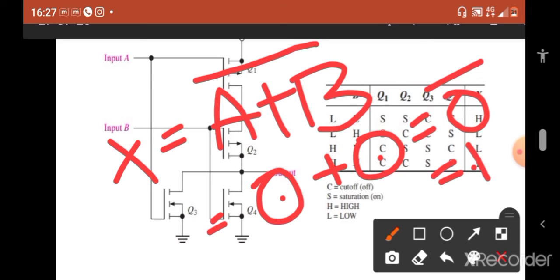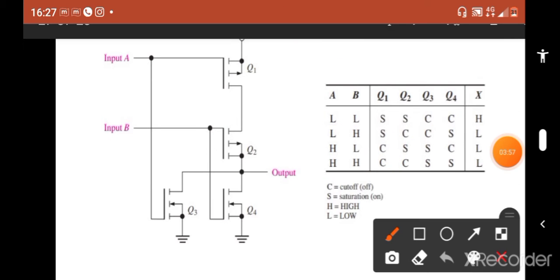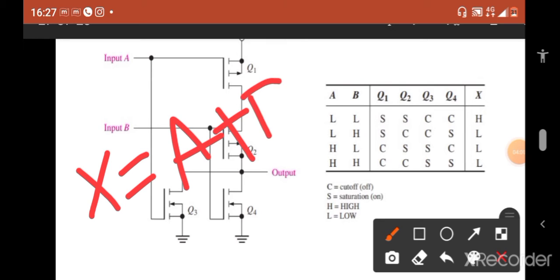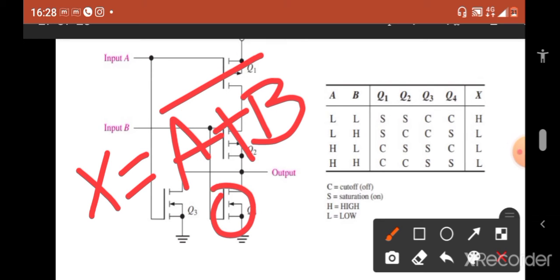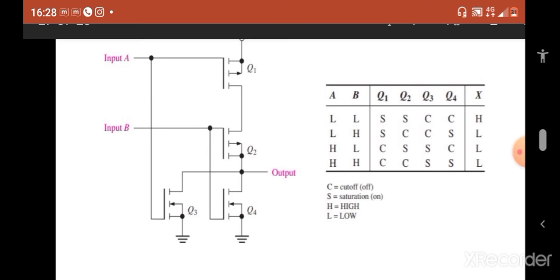When any one of the inputs is high, say 1, 1 plus 1 is 1, and the complement of 1 is 0. So this is the principle of working of the NOR gate.